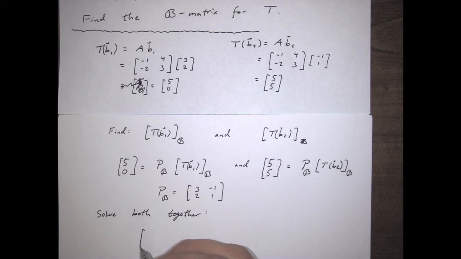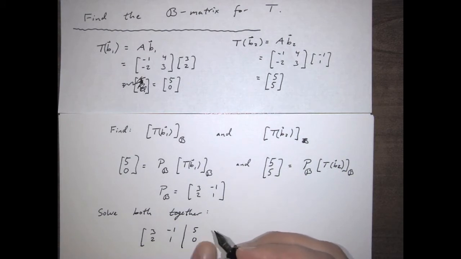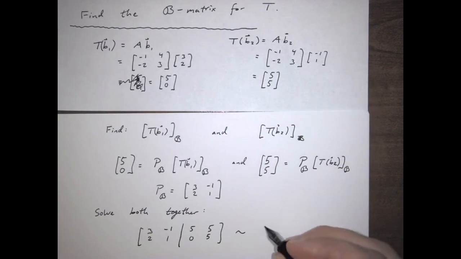So we'll have 3, 2, -1, 1. And we're going to augment it with 5, 0. So just solving this will tell me the representation of T of B1. And then I'll augment my augmentation with a little more, the 5, 5. And I'll row reduce this, and now I can appeal to technology to come to my aid.